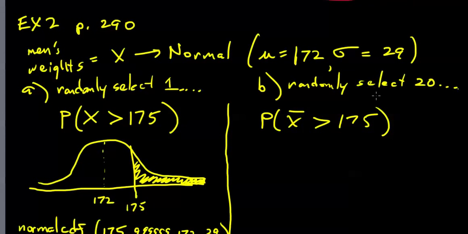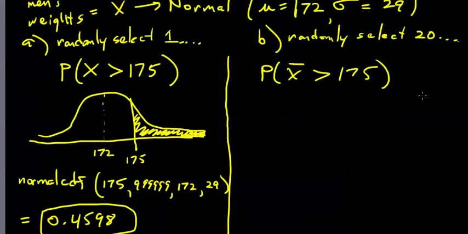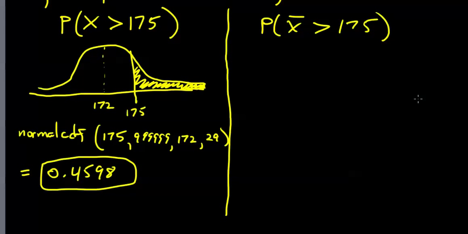Remember, we randomly selected 20. What's the probability that the sample mean from that 20 is greater than the same limit as given in part A? Well, we know sample means have a normal distribution. The mean of the sample mean equals the population mean, which we were told is 172 in this problem.